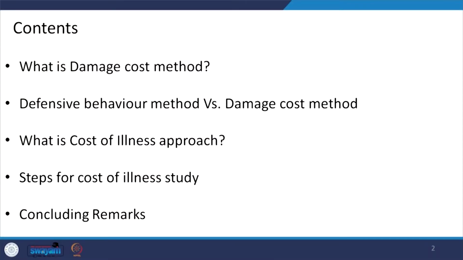Then we will discuss what the cost of illness approach is and how it is different from the damage cost method, whether it is the same method or something different. Then we will discuss the different steps that we need to take into account for doing this cost of illness study, and then we will have the concluding remarks.